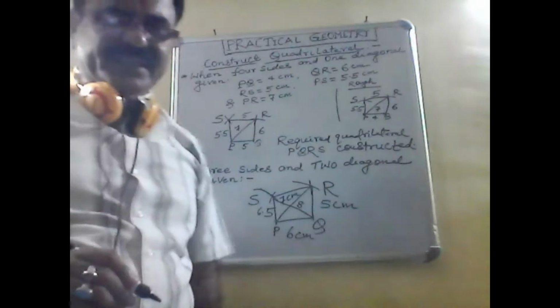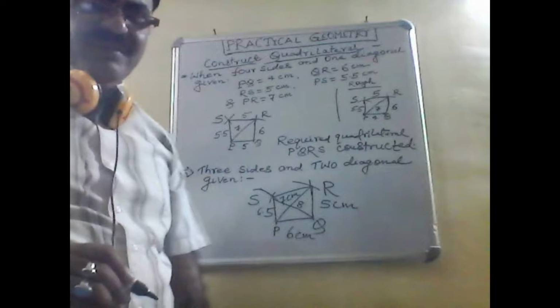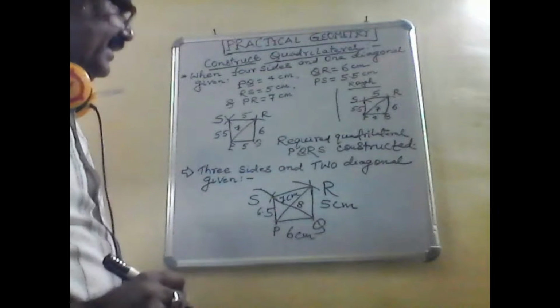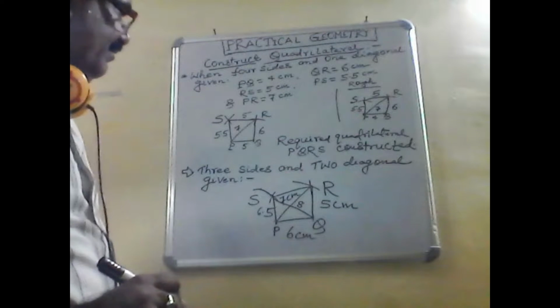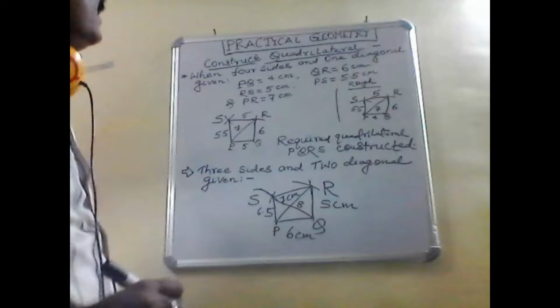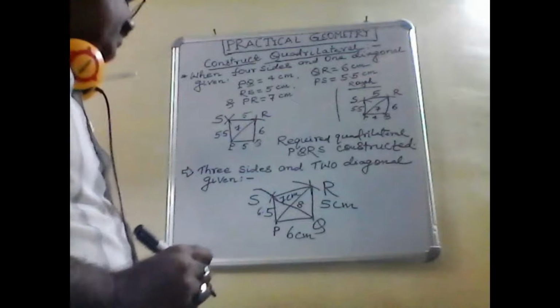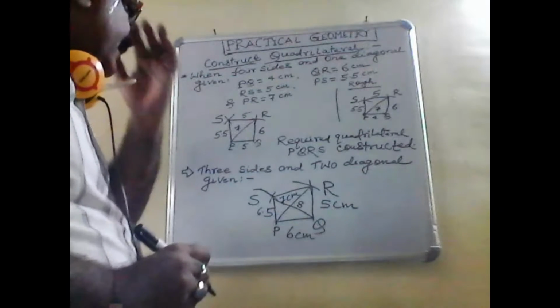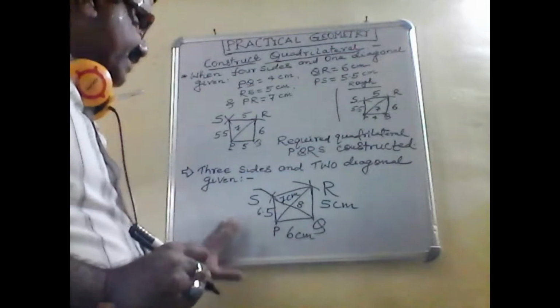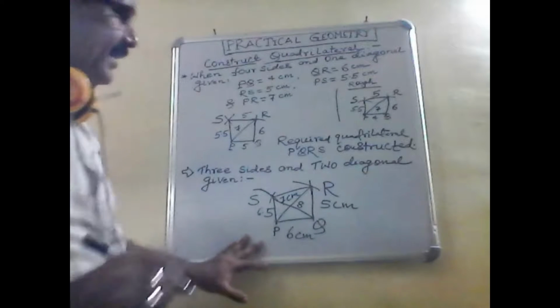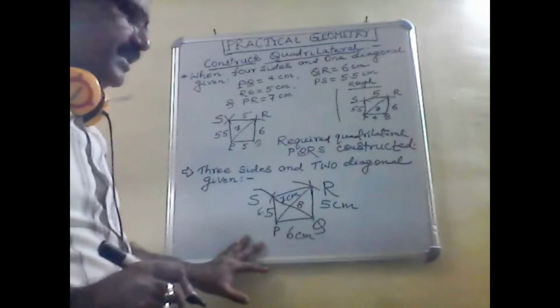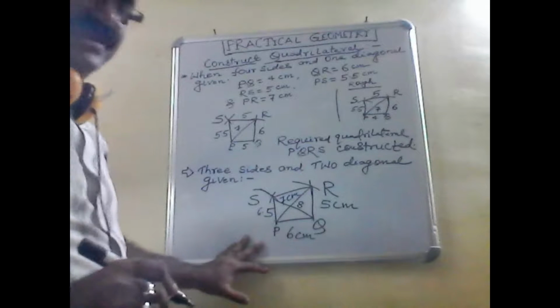Students, very easily we can construct any kind of quadrilateral if the condition is that a minimum of four requirements should be there. At least four pieces of information must be known to us, either the angles related with the sides or the diagonals.